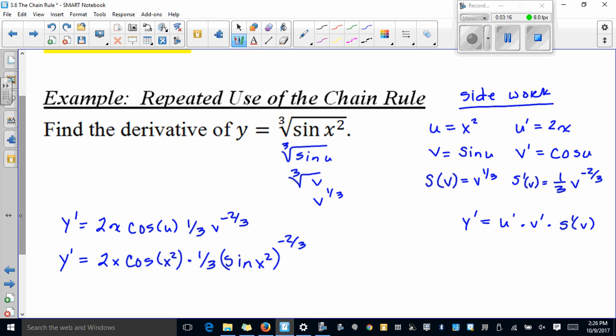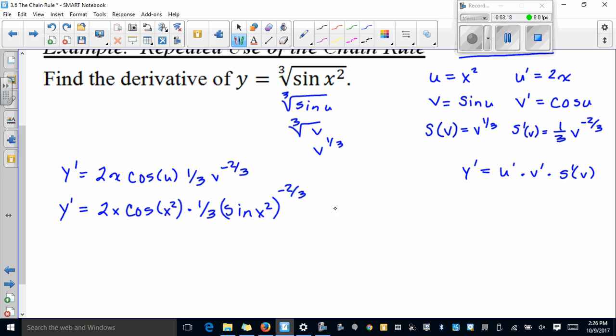Now we all know that this is an appropriate derivative, but let's clean it up. If we can clean it up, let's clean it up.